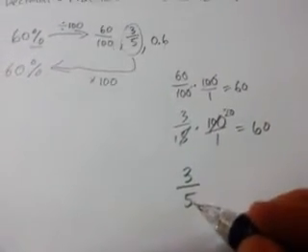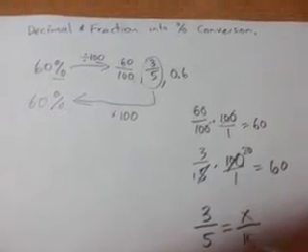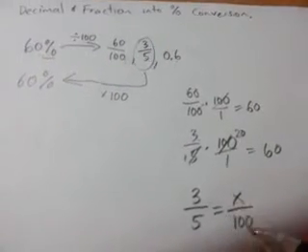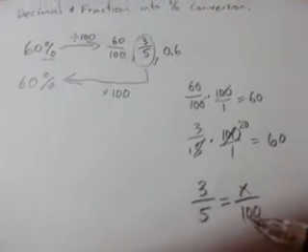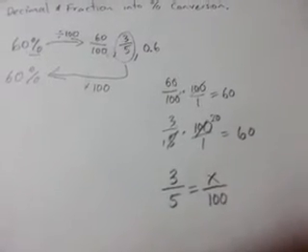Part over the whole. Actually, let me write, let's just do that. Is equal to x percent over 100%. But, right, we could cross multiply and we would get 5 times x equal 300 and then you would divide. We could solve this. We would still get 60.